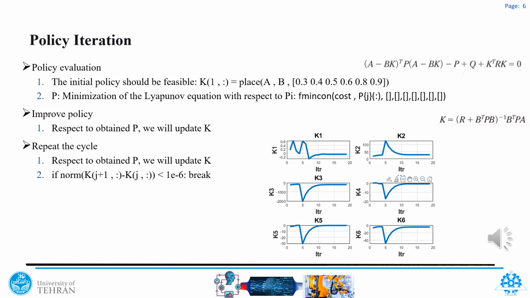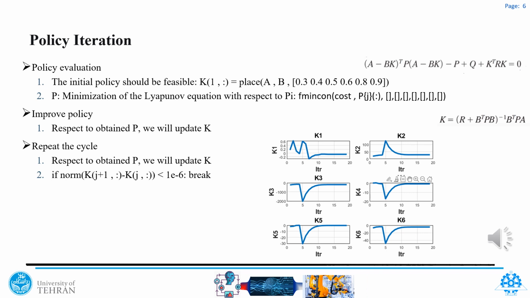I mean that all poles should be in the unit circle, which can be implemented by the place command in MATLAB, and then we determine matrix P, which can be implemented by the fmincon command in MATLAB.